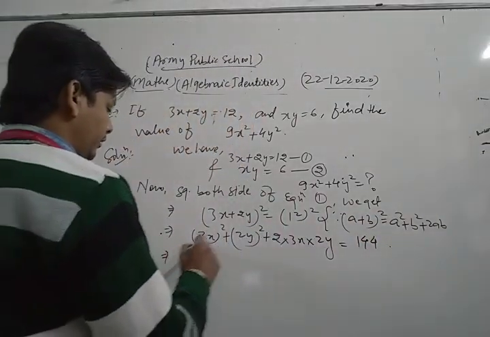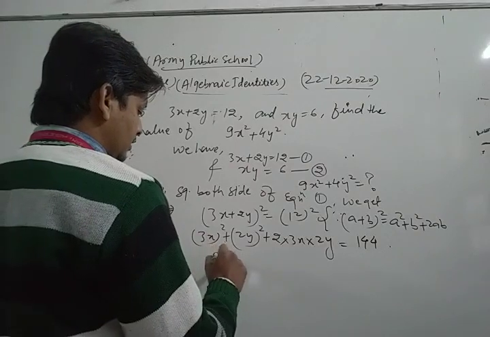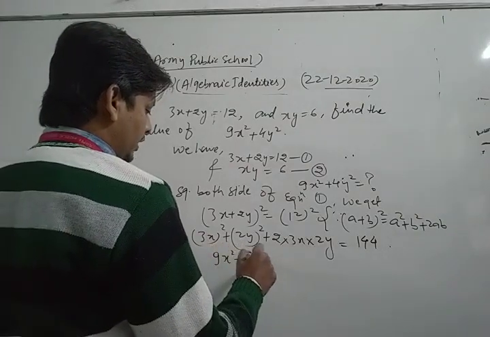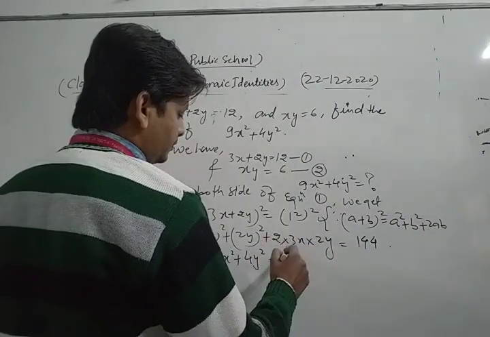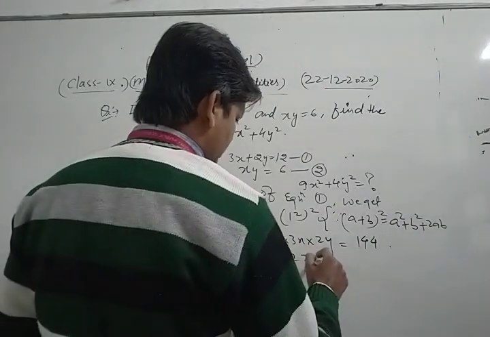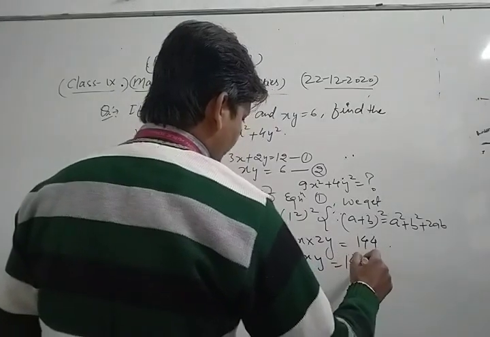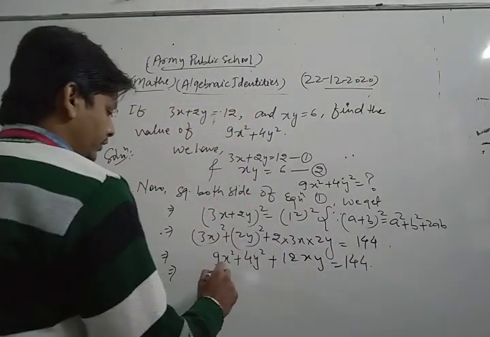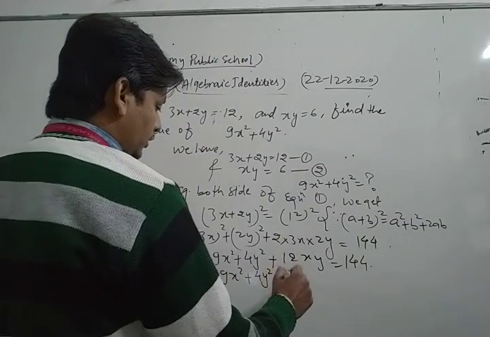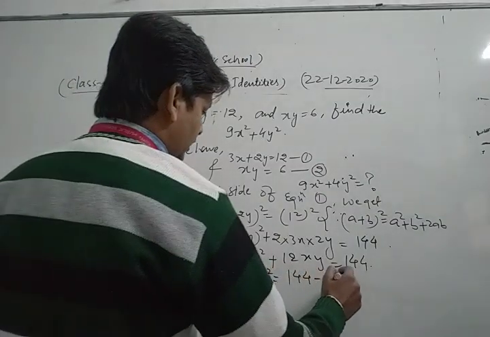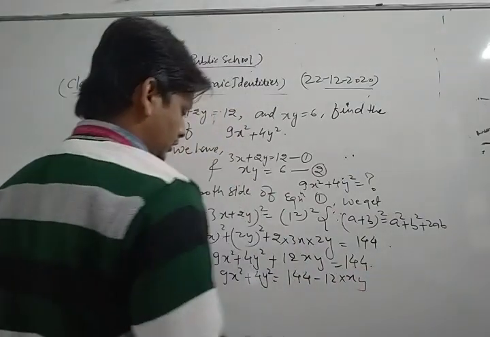Now 3 times 3 is 9x square, 2 times 2 is 4y square, plus 2 times 3 times 2 is 12xy, equal to 144. Thus the value of 9x square plus 4y square is equal to 144 minus 12 into xy.